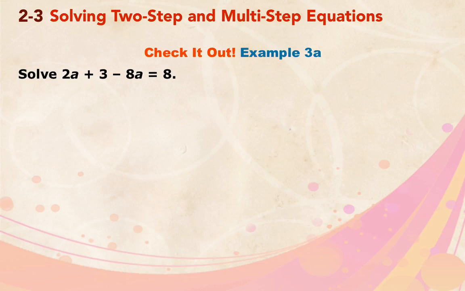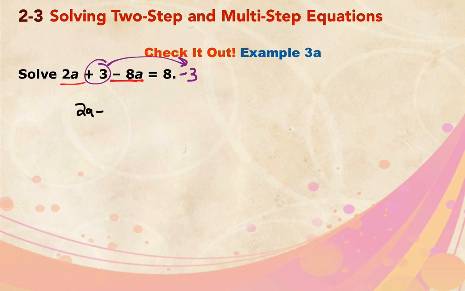Here's another one here. A little simpler than the last. Let's see, variable terms. Are they on the left? Yes, they both are. So we've got to get this number term right here and take it to the other side and change it to a negative 3. So on my left side here, 2a minus 8a equals 8 minus 3.